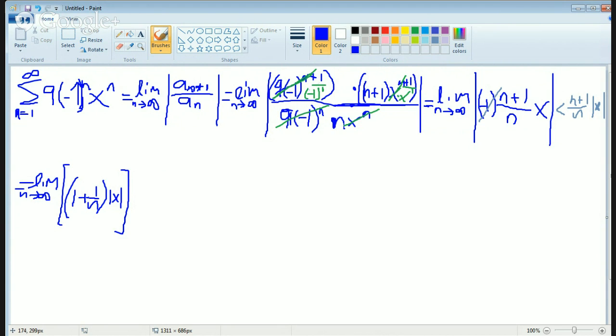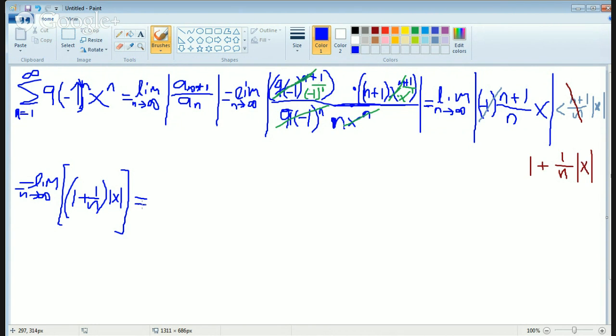And now it comes with the simplifying. So n over n, that's 1, plus, since there's 1 over there, that's still going to be 1 over n. And that's how you get that.